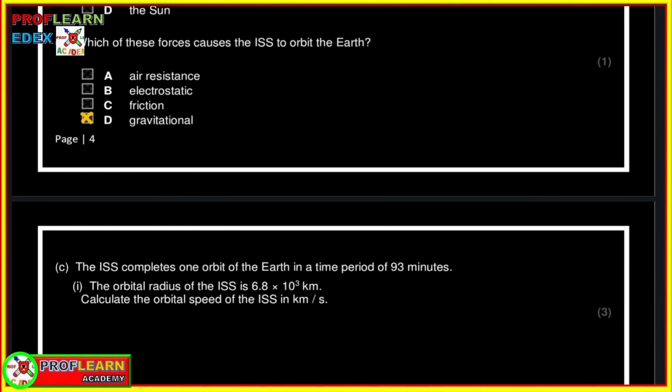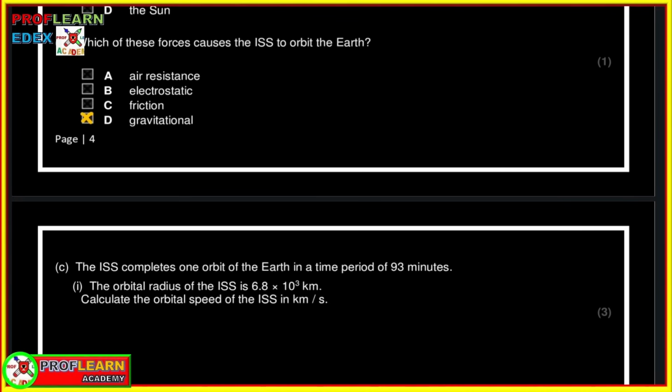The ISS completes one orbit of the Earth in a time period of 93 minutes. The orbital radius of the ISS is 6.8 times 10 raised to power 3. We are supposed to calculate the orbital speed of the ISS in kilometres per second.